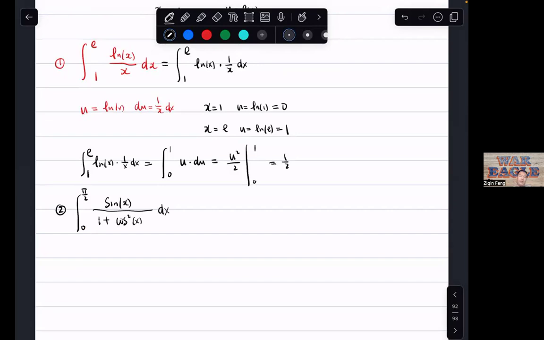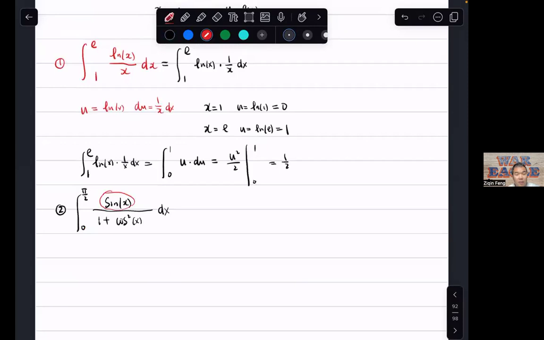The only way to make it work is to try it out and see which one works. But if you look at the bottom here, the bottom contains cosine, and the derivative of cosine is negative sine.